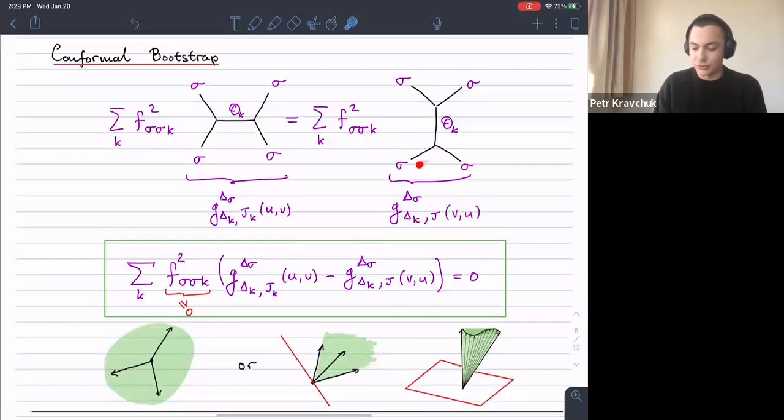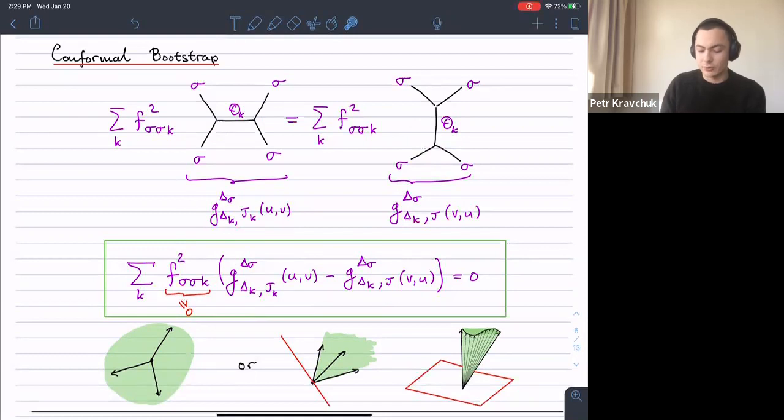The two conformal blocks which appear on both sides are essentially the same function up to exchange of these two cross ratios. These are some known special functions, and there are algorithms for computing them. And the equation takes this form where you have a sum of special functions with positive coefficients equal to 0.